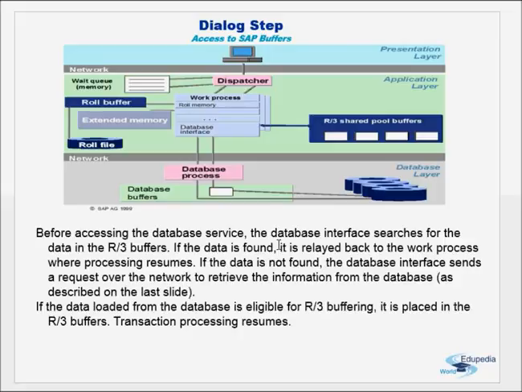All the data will not be buffered; there are some rules and principles for that. If the data is eligible for buffering, then it's placed in the buffers, so that next time it need not make a call to the database. And then the processing resumes.